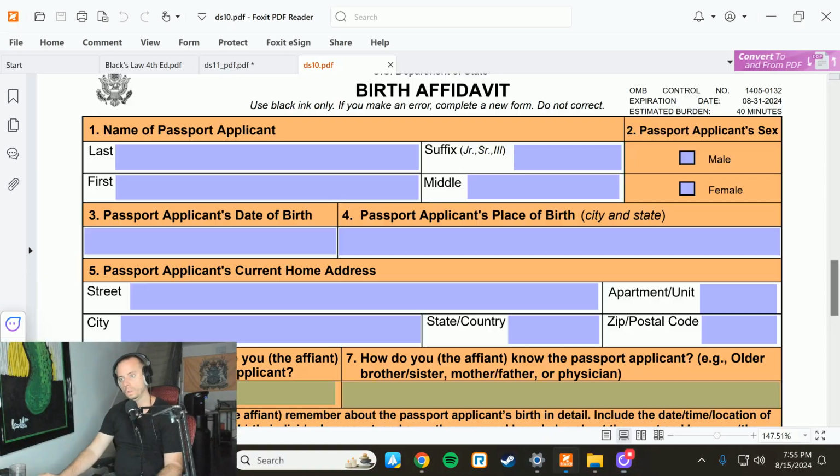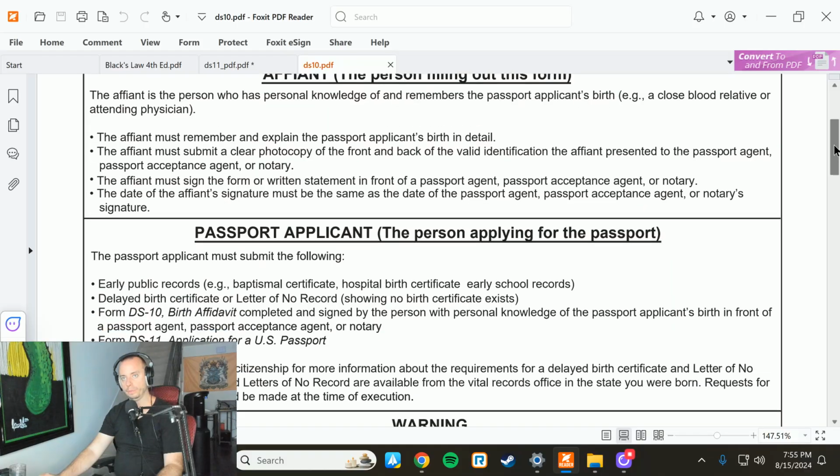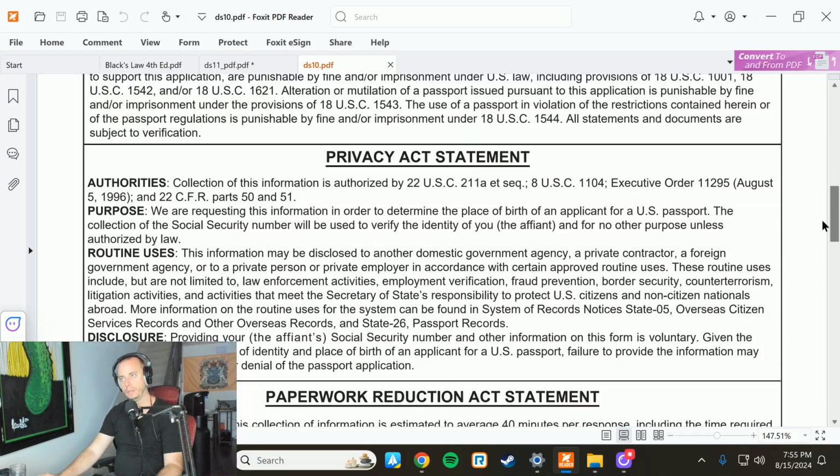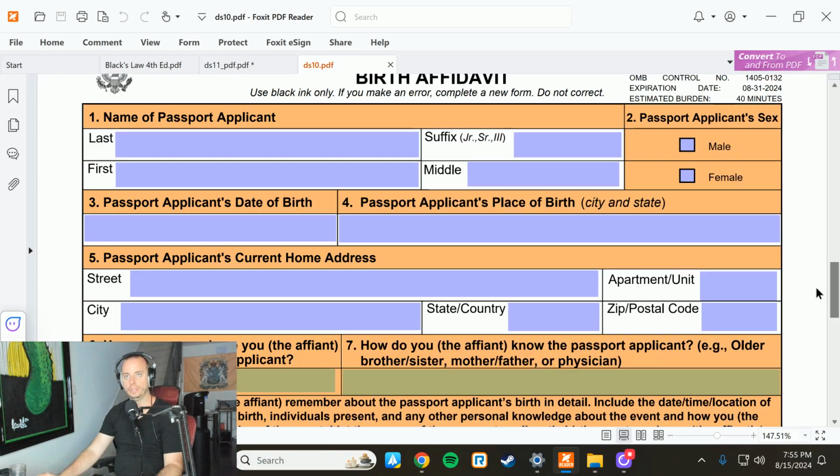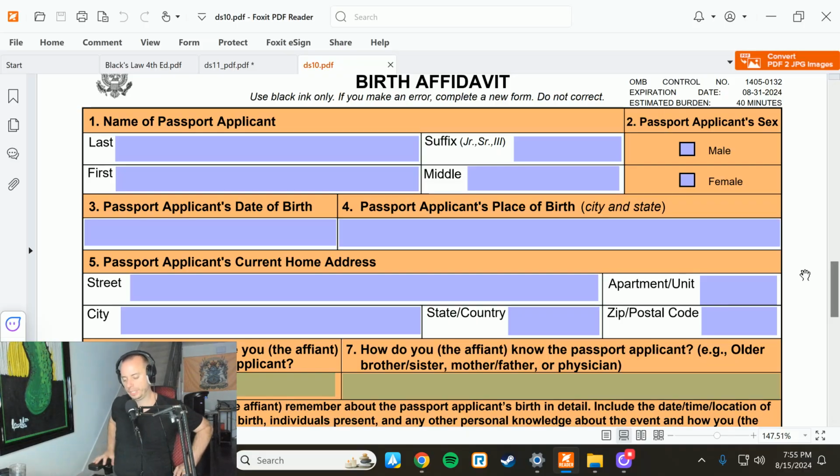The DS10. We'll go over the DS10. When you look at the classic pictures of the passport, and you start looking at all those old passports, you're going to look at the DS10 form. We're going to show you here. The DS10 form is the birth affidavit form. You want to read all of this, the DS10. You can see here, it looks very similar to what you see on a passport 100 years ago.